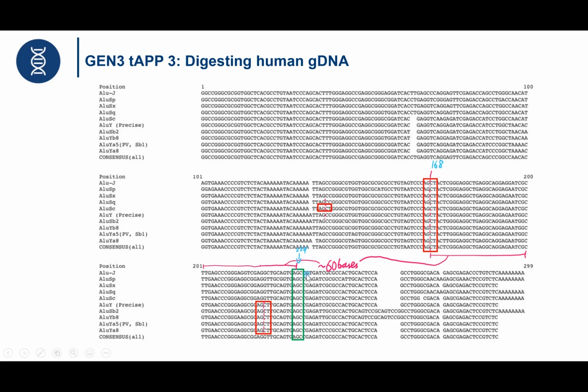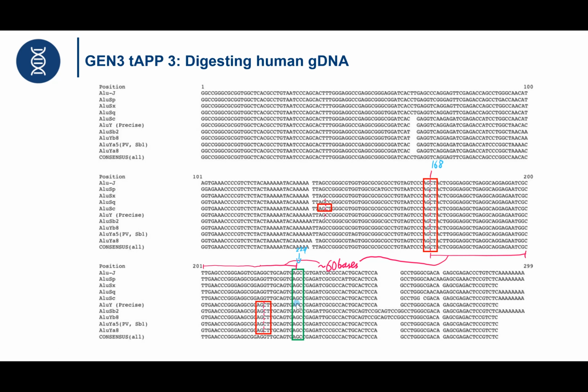So this green rectangle is where all of the sequences actually get cleaved. And this is an AGC sequence, so it's not AGCT, it's just AGC.